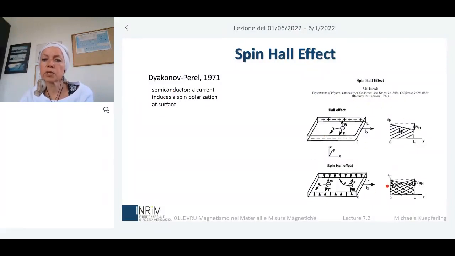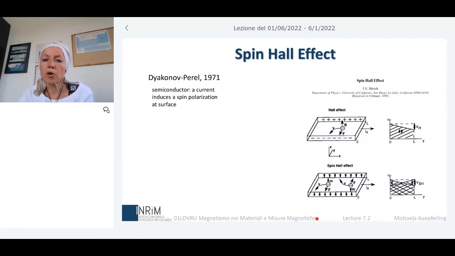Then the concept was taken up again around 2000, and the name was created, let's say, by this paper of Hirsch, but in 2000 the effect was taken up very much in relation to spintronics.